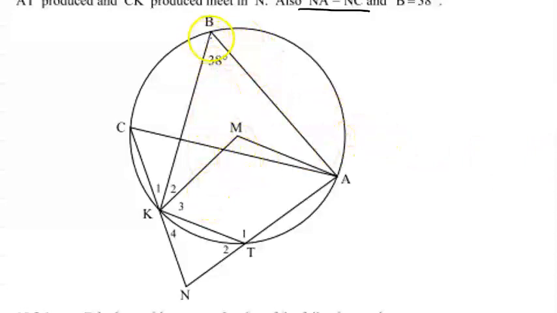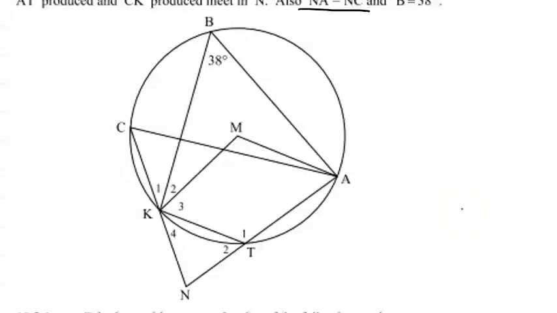I have a cyclic quadrilateral A, B, K, T, and I need to know all my cyclic quadrilateral properties. I also have another cyclic quadrilateral which is A, C, K, T. Remember, 4 points which lie on a circle form a cyclic quadrilateral.